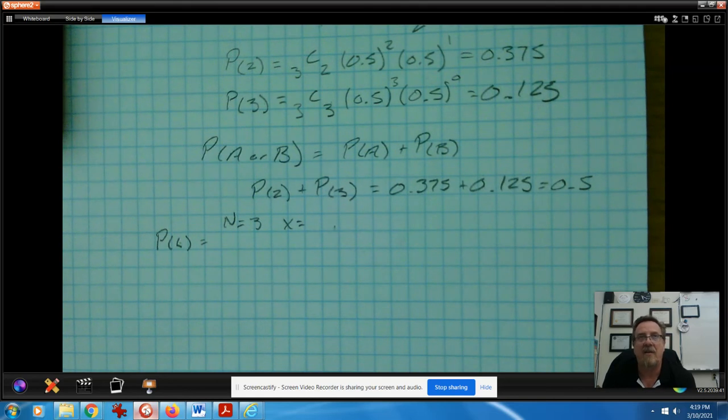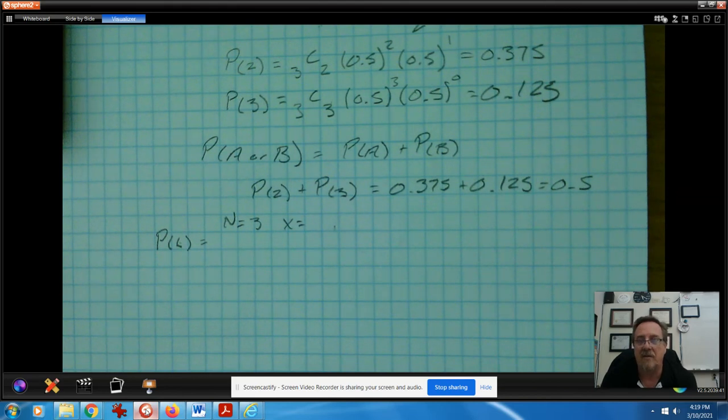And rather than calculate this 3 times, what if we went the other direction? That is, why don't we just calculate the probability that none of them are left-handed and then subtract from 1? Because 100% chance is 1, right?